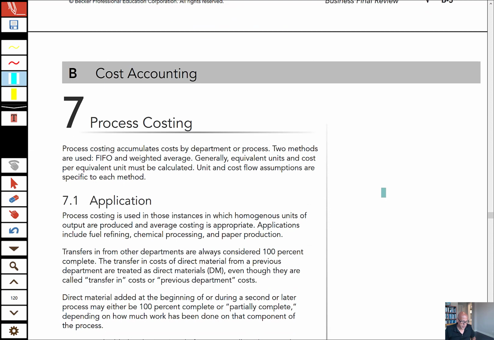Process costing, which we're going to get into now, is something that we use when we are talking more about homogeneous goods, such as chemical processing, paper production, fuel refining. We have this sort of continuous flow of goods, and all the goods are the same.